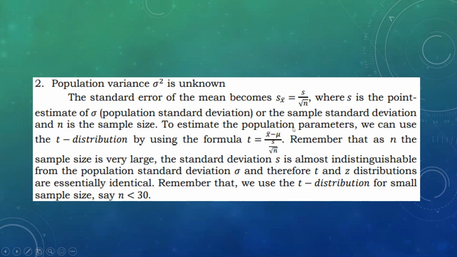Basta tandaan nyo lang, pag ang sample natin is greater than or equal to 30, we are using the Z distribution, while if that is lower than 30, we are using the t-distribution. Okay po. So our focus for today is identify whether given ba ang ating population variance o hindi.